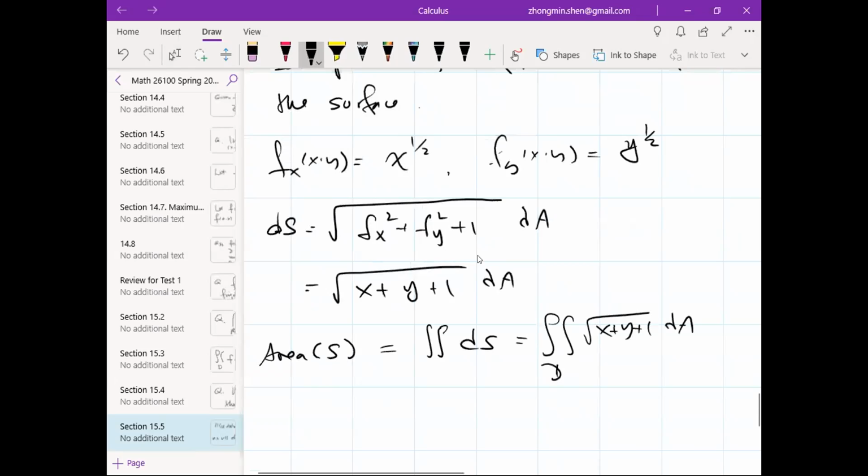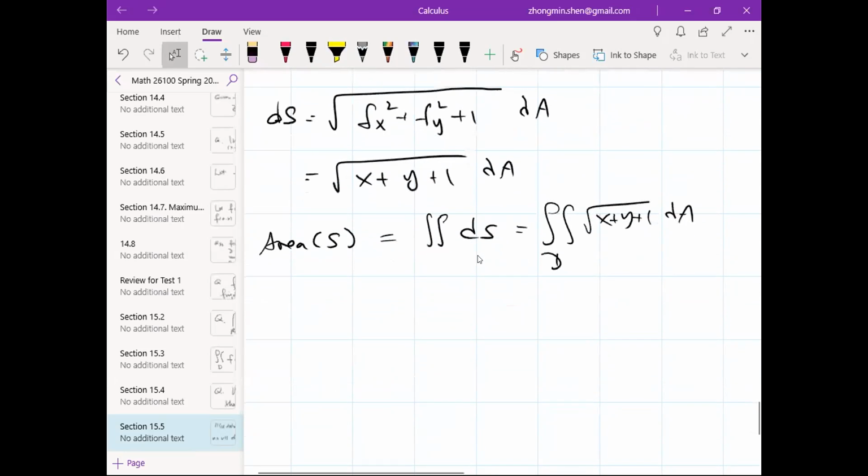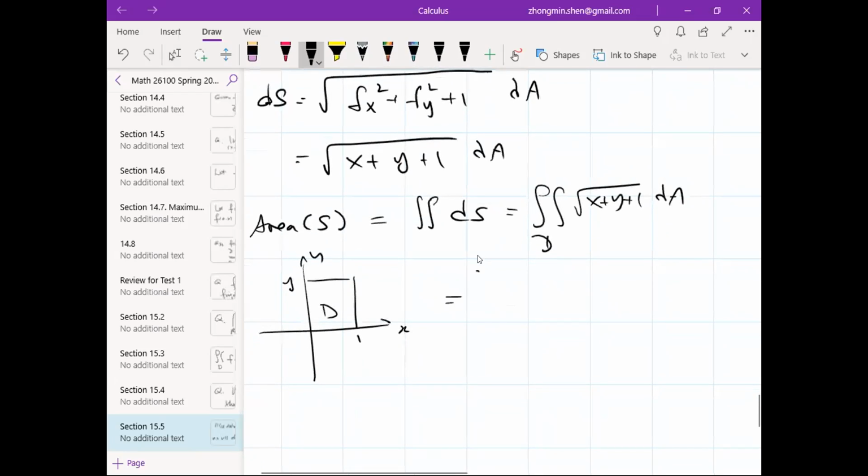Our D is just the unit square, with 1 and 1 on the axes. So it doesn't matter which one you use: 0 to 1, 0 to 1, the square root of x plus y plus 1 dy or dx, doesn't matter.